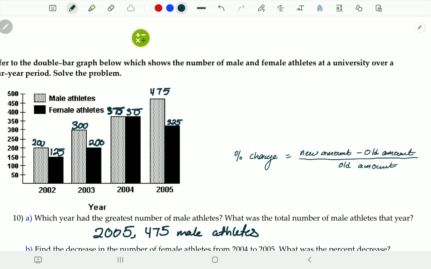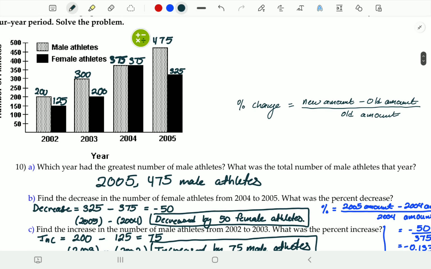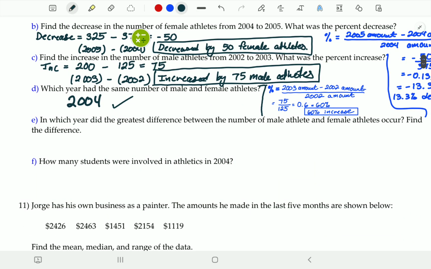The greatest difference occurs in 2005. And to find the difference, subtract the bigger value minus the smaller value. 475 male athletes minus 325 female athletes equals 150 as the difference.